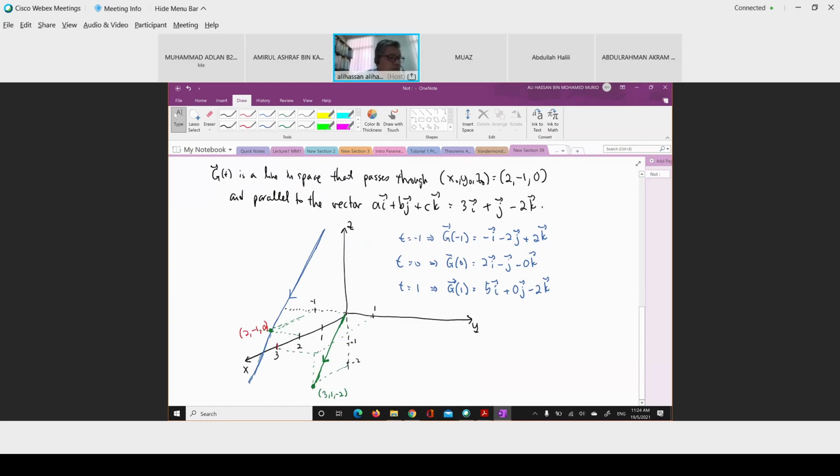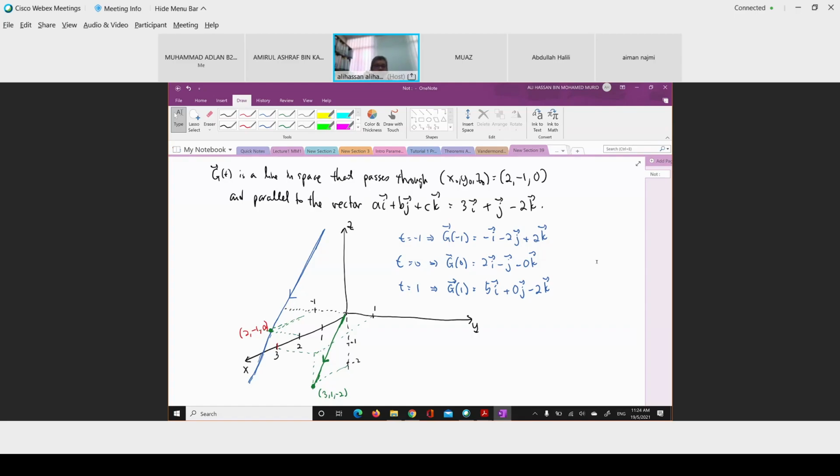When t equal to minus 1, it's minus i, minus 2j, plus 2k. Okay, something like that, yeah. When t equals minus 1, x equals minus 1. Okay.